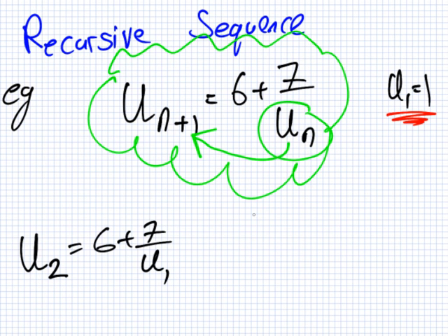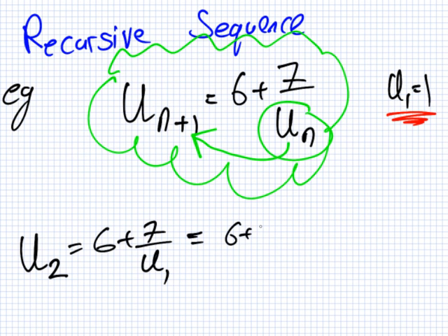So for example, if I have 1, 2, 3, and n, what's the next one? It'd be n plus 1. So this piece is the one that's before this piece. So if you want U2, you would have to calculate 6 plus 7 over U1. But you know what U1 is? What is it? It's 1.